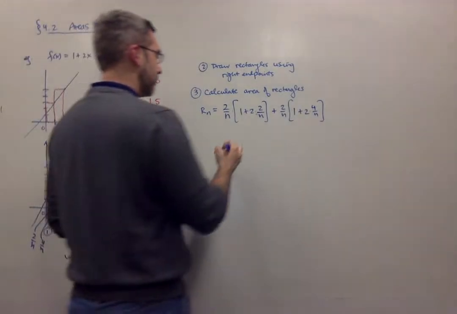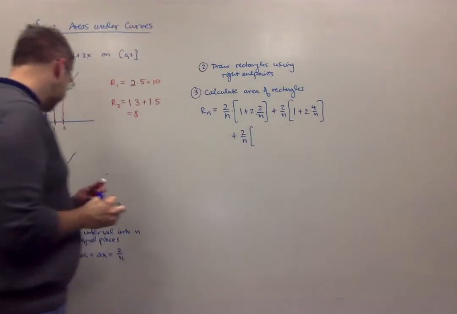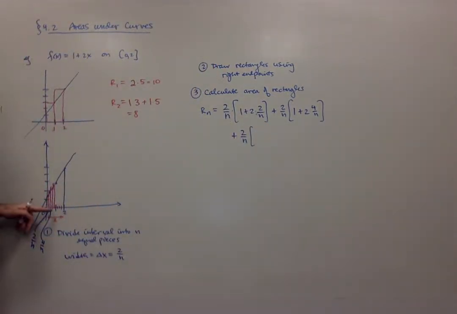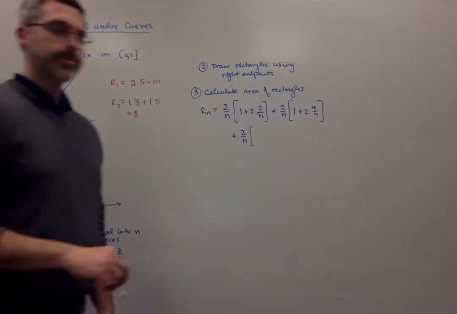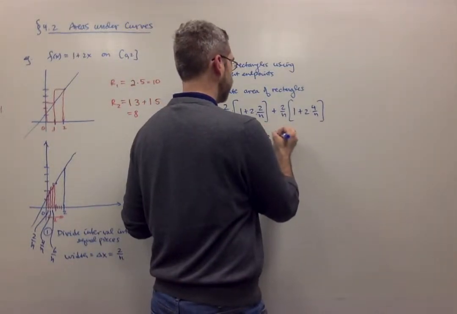Let's do another one. Next rectangle has width 2 over n. And the height is what I get when I plug this point into the function, and that point is 6 over n. So I'm going to get 1 plus 2x, but instead of x, it's 6 over n.